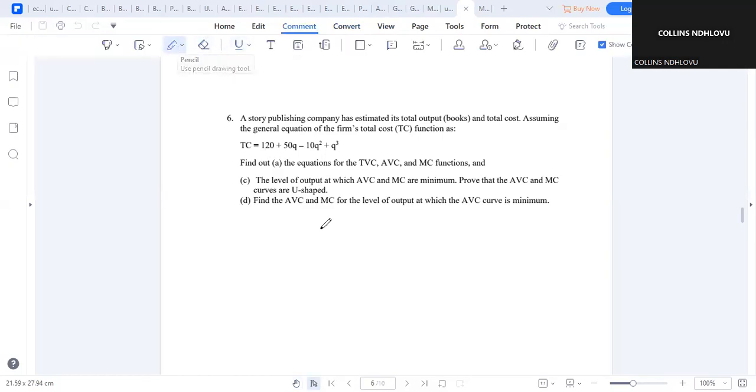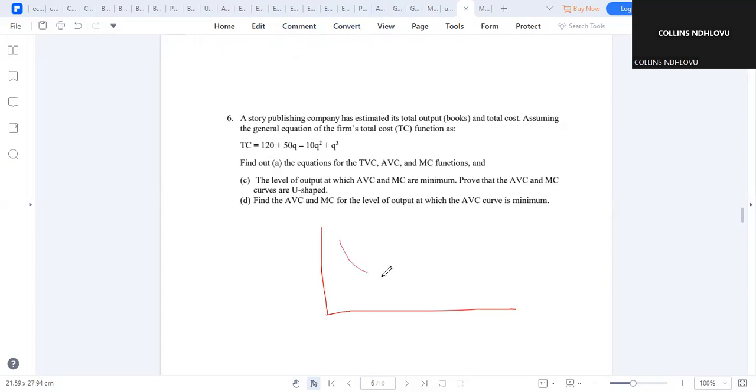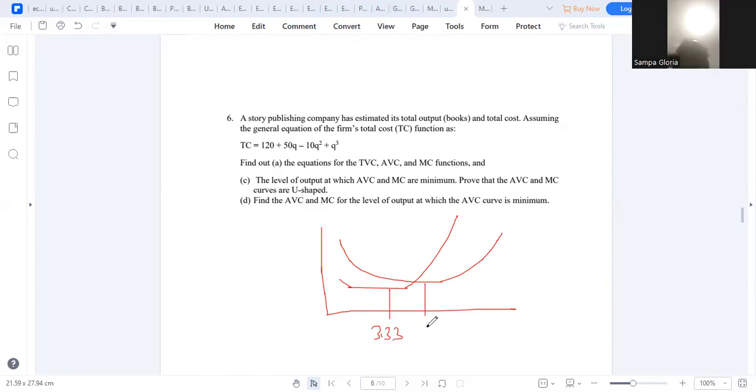Our average variable cost was lowest at 5, and the marginal cost was lowest at 3.33. So this is how our marginal cost and average variable cost will come out.